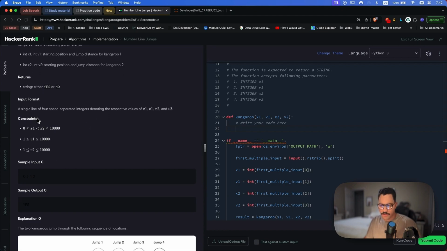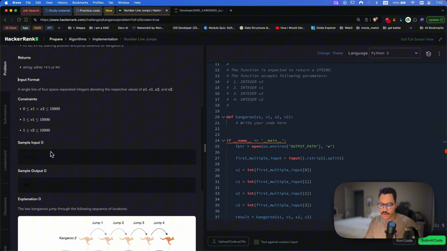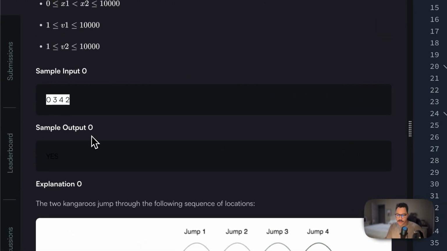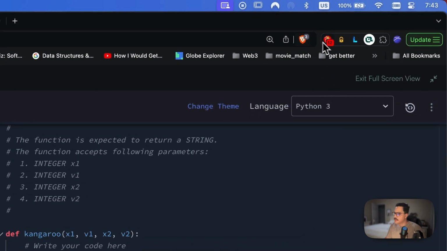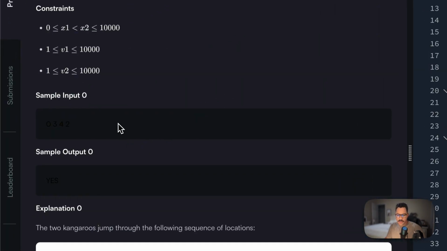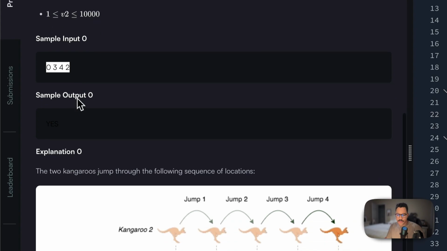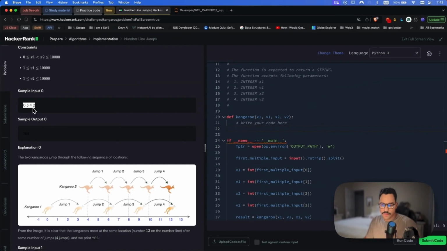For HackerRank, I believe they use standard input. That's what we always see. Lately, I don't know if it's something I have installed here, but it's been hiding my inputs somehow. Anyways, we have 0, 3, 4, 2. So that's the first kangaroo: starting point is 0, his velocity is 3.